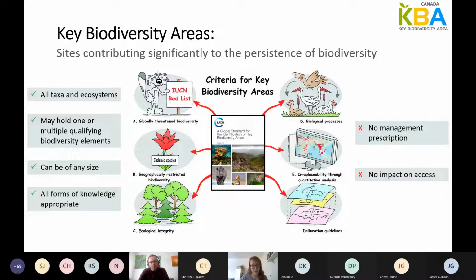And all forms of knowledge are appropriate for KBA identification. What they are not: KBAs do not imply a management prescription, and they do not imply restriction in access. So really, KBAs are an informational layer that can help inform conservation decisions. They're a quantitative and scientific tool that tells us something about the importance of these sites.